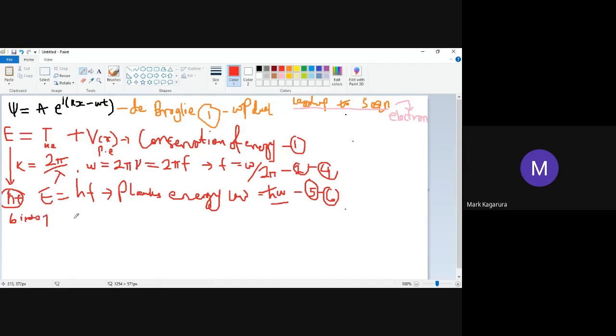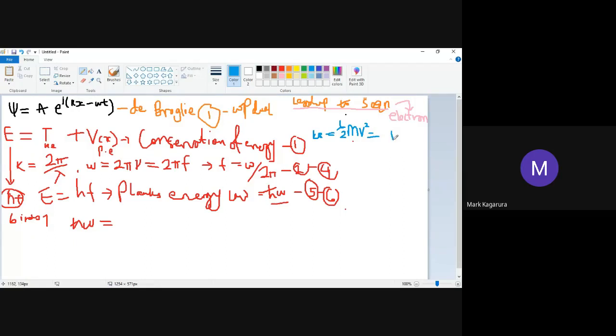So we have ħω is equal to, now the KE is given by a half mv squared. And we know that mv is equal to p.